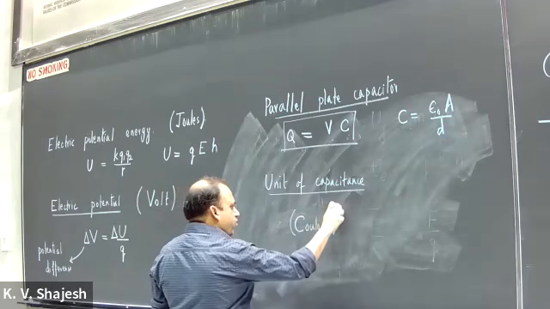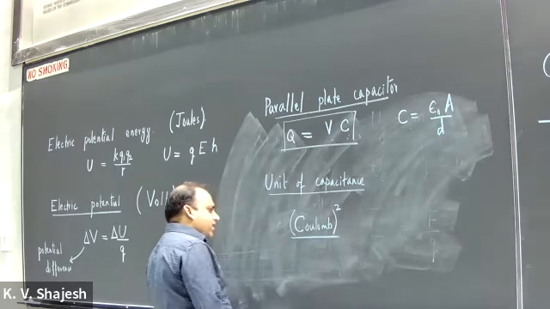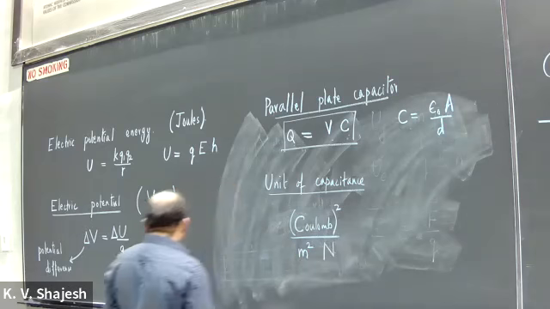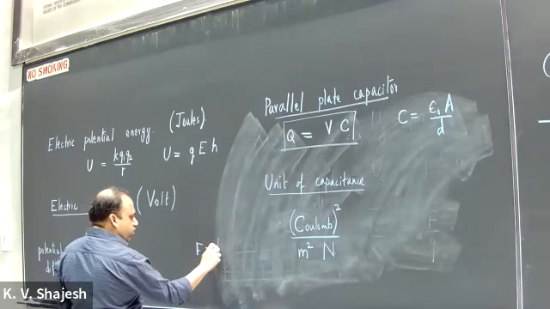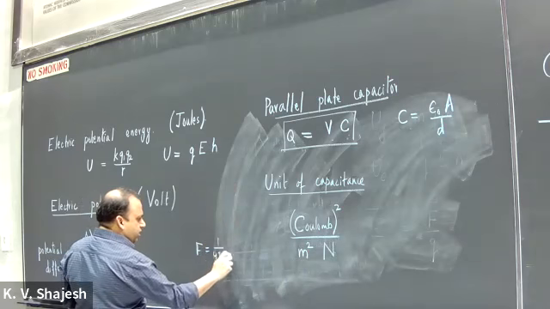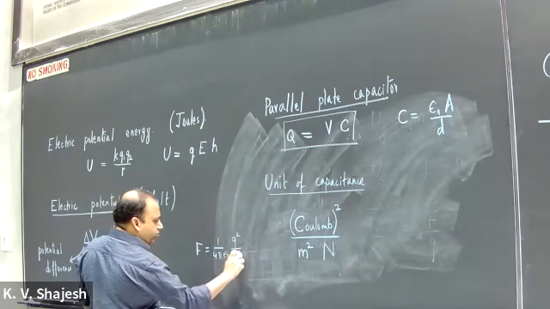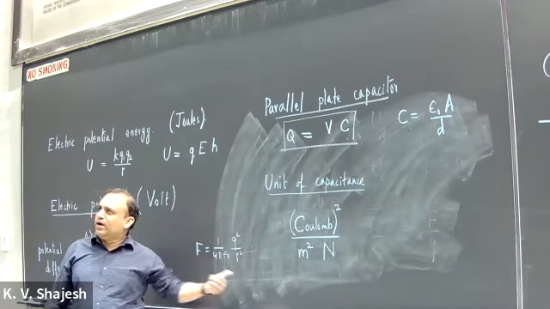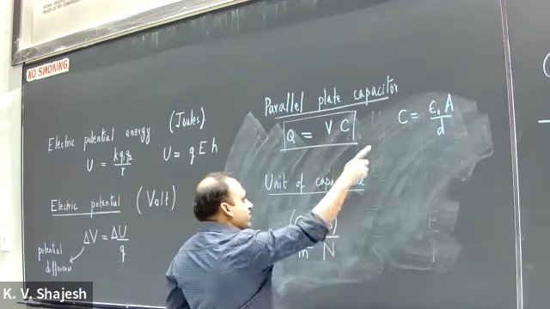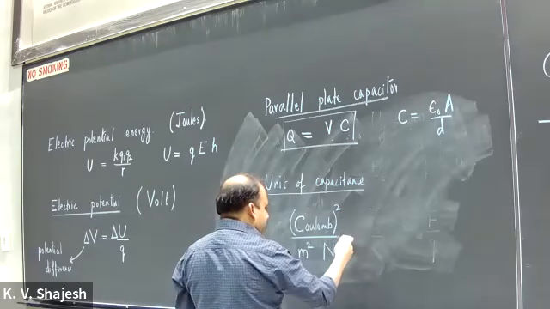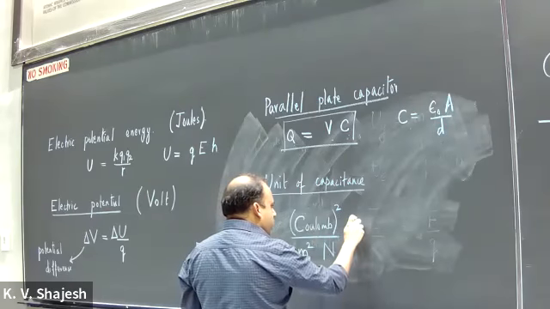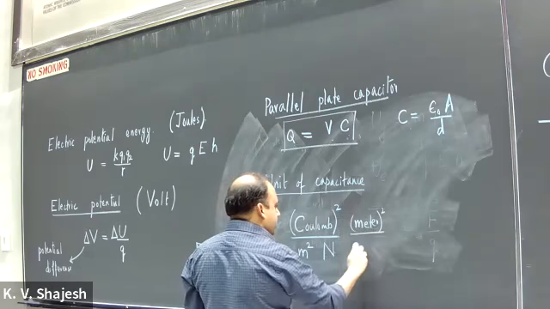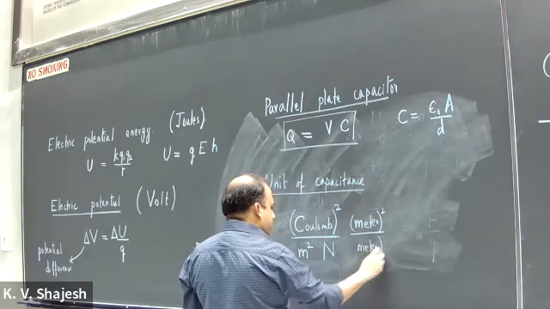So that's coulomb squared divided by meter squared times newton. I'm using the idea that force is equal to 1 over 4 pi epsilon naught times Q squared over R squared. Epsilon going to the left brings me a coulomb squared over meter squared and a newton, and that is an area, so let me just write it as meter squared. And that is a meter again in the denominator. So that's meter.